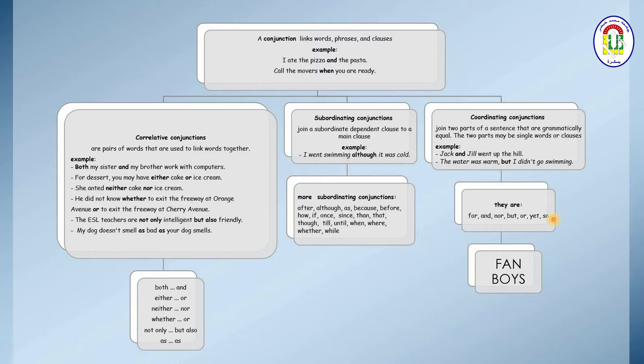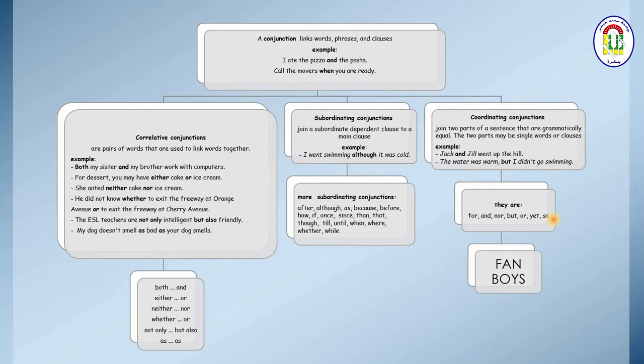Okay, so till now we have seen the definition of conjunctions. We have seen the different types of conjunctions that we have in English. Normally there are 3 types. We have correlative, subordinating, and coordinating. Correlative can also be called pair conjunctions.